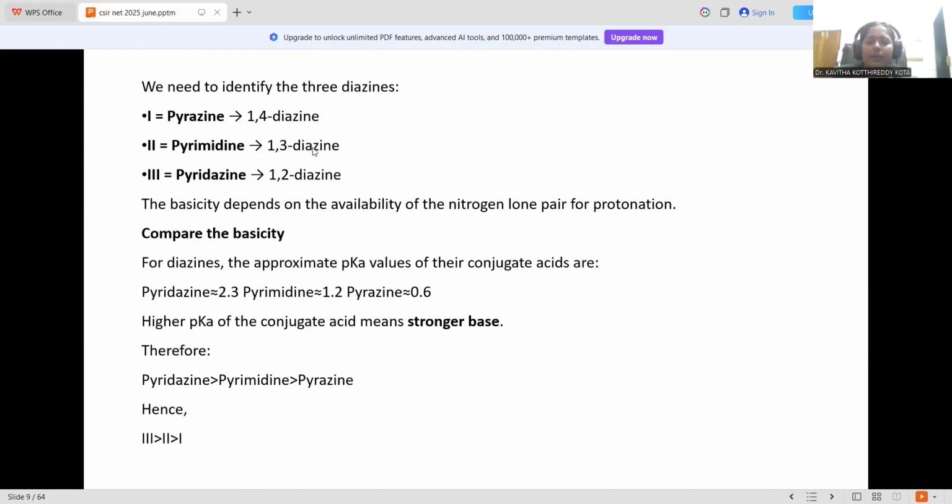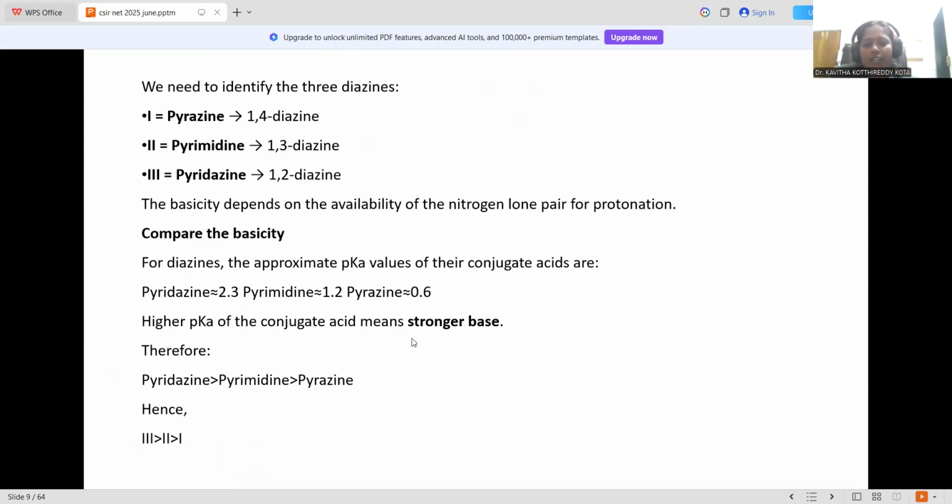These three compounds are distinguished by the position of the nitrogen atoms, and here the essential thing is that approximate pKa values of the diazines are provided. Pyridazine, the 1,2-diazine, has a pKa value of 2.3. Pyrimidine is 1.2. Pyrazine is 0.6.